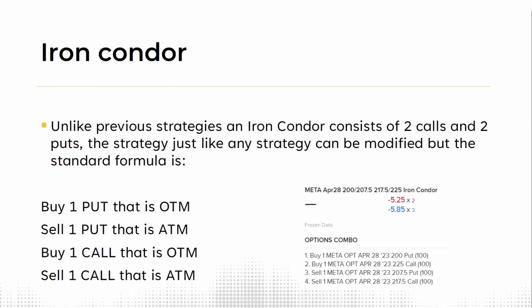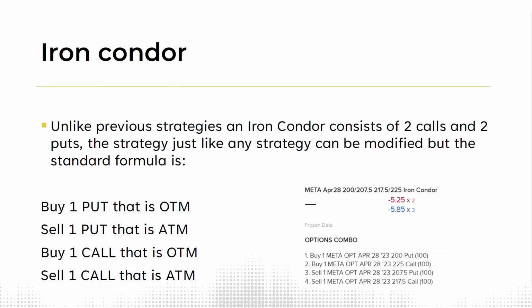I set up my condor with my spreads out, so that I have a pretty good idea that price is going to stay in a certain range. As long as it stays in that range, I'm collecting some amount of money from it. So yeah, like Danglewood said in the chat, for range-bound markets, they're really good.